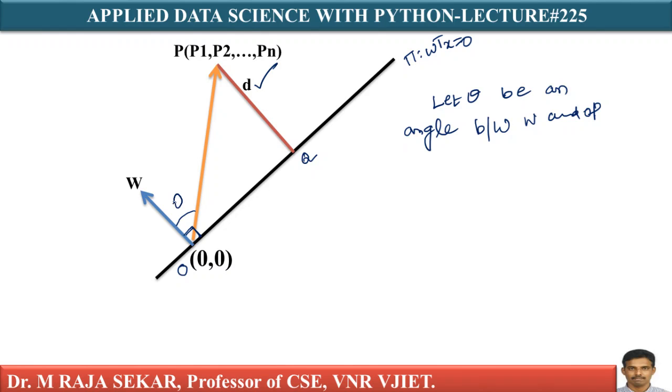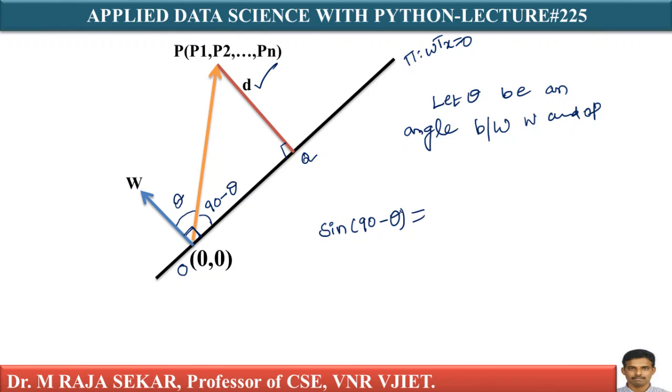Let me say this angle is theta. In that case, what is this angle? This is 90 minus theta, as it is normal, isn't it? It is 90 minus theta. This one is also perpendicular. Now, by using this, how can I write sine of 90 minus theta?